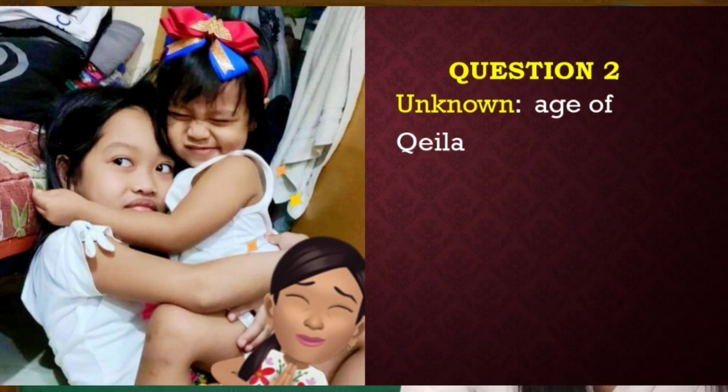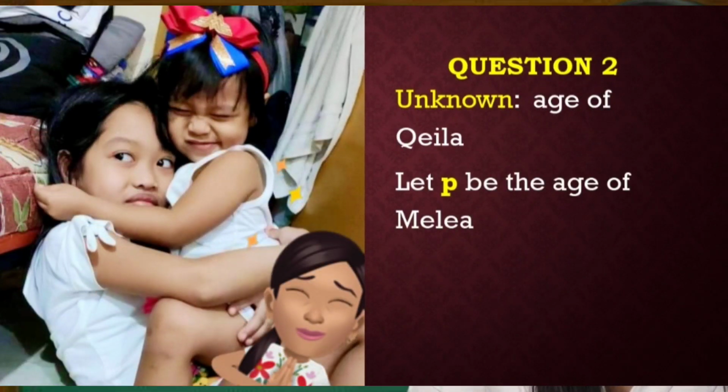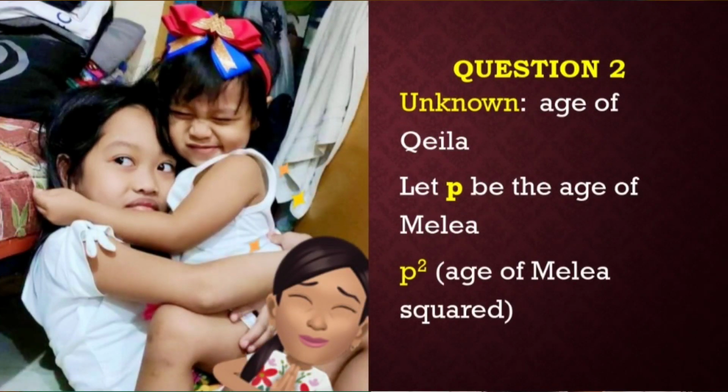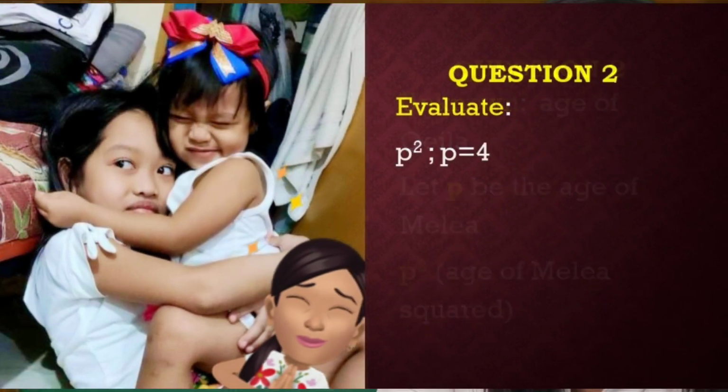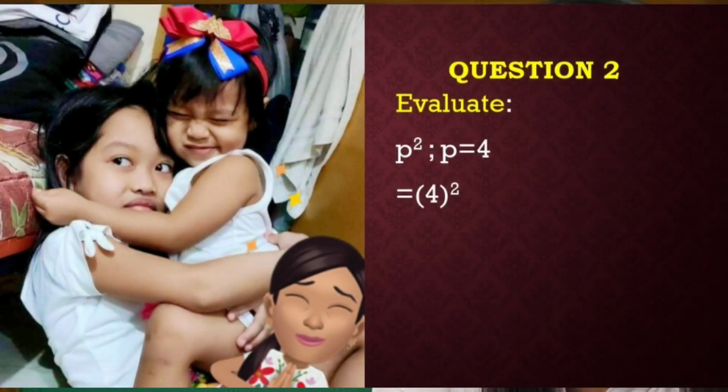And then we can represent P as the age of Milea. Our mathematical expression would be P squared, since the age of Kayla is the square of Milea's age. Next step, let us evaluate P squared. Since our P is equal to 4, we substitute 4 for P, which gives us 4 squared.